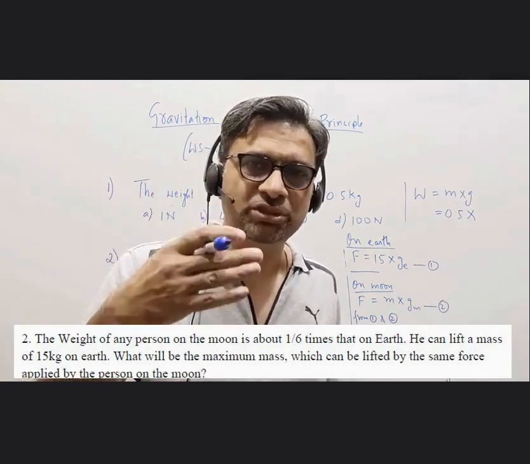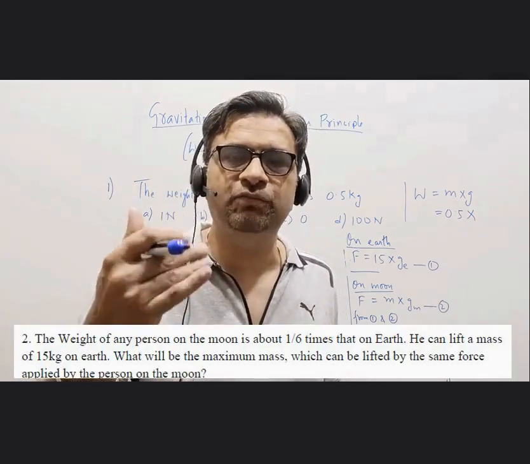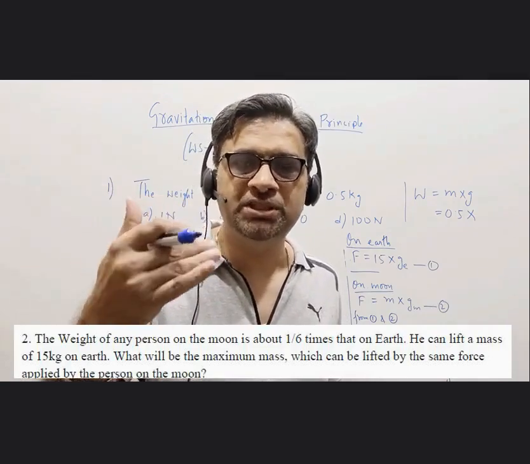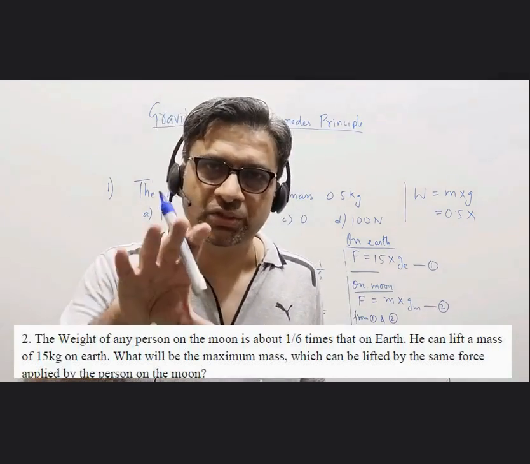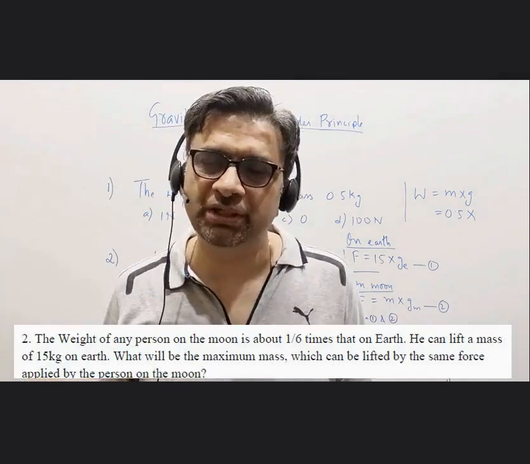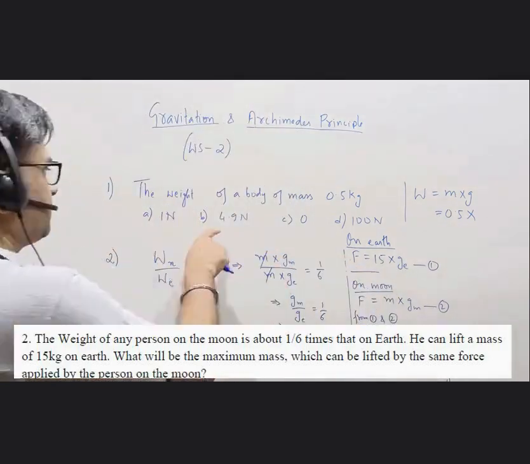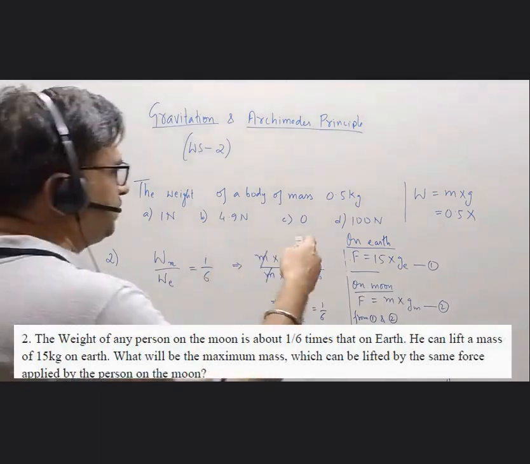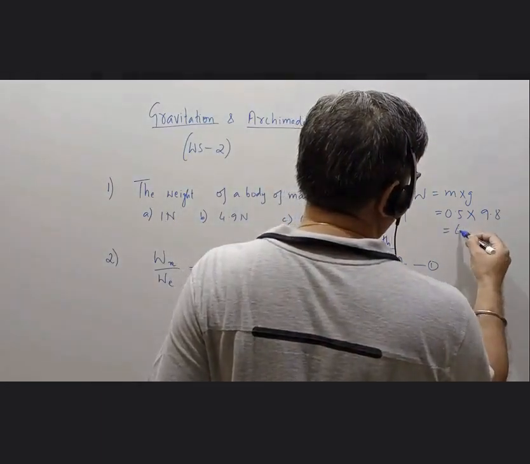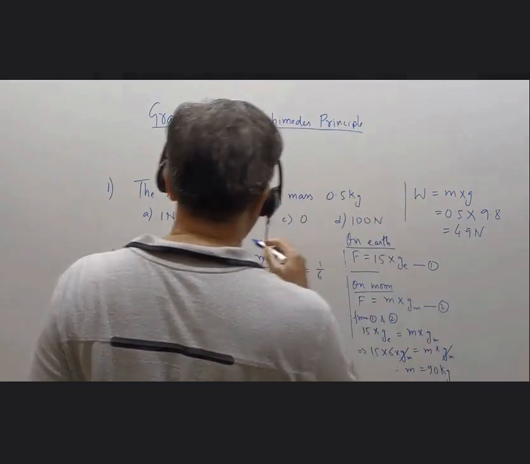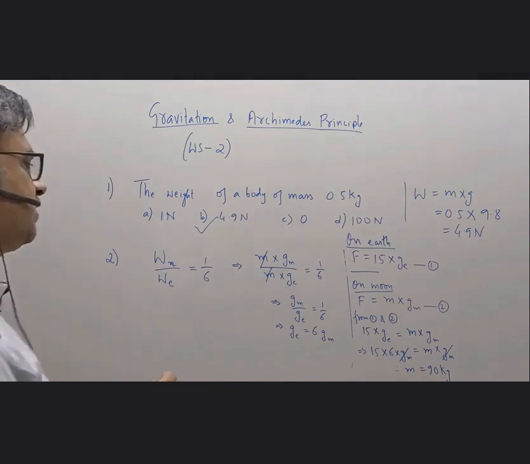Sometimes it makes things easier for us if we pick G equal to 9.8, because given other data in the question, it gels with the other values. In this case, it's 4.9 and things like that. So if I multiply this by 9.8, it comes to 4.9, and that makes the answer choice B correct.